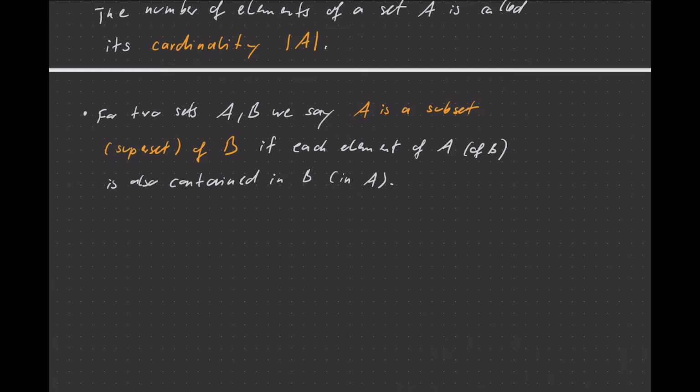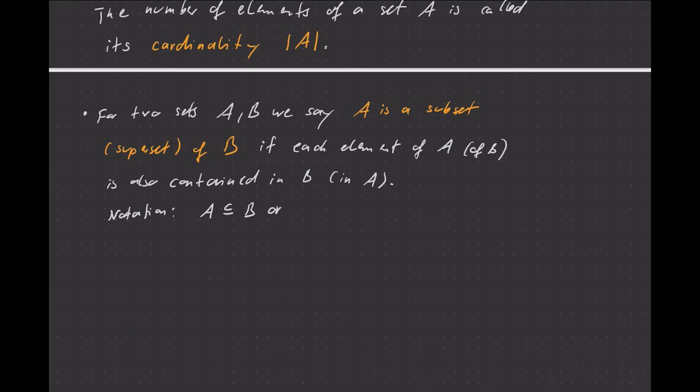The notation for this, we usually use a notation like A subset of B, like this. And that means I'm also including equality here. I'll usually have that implicit.